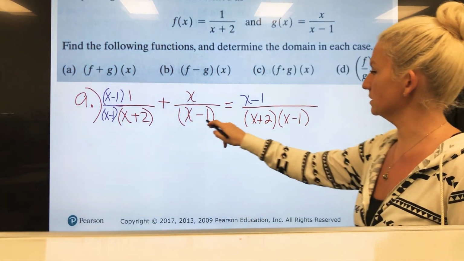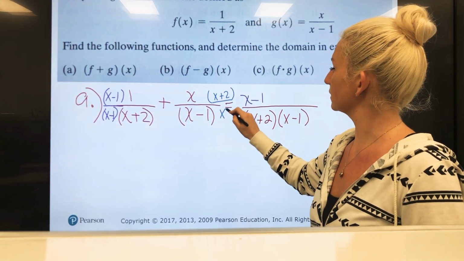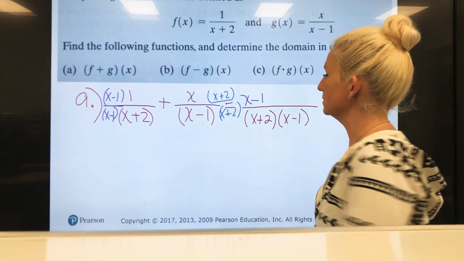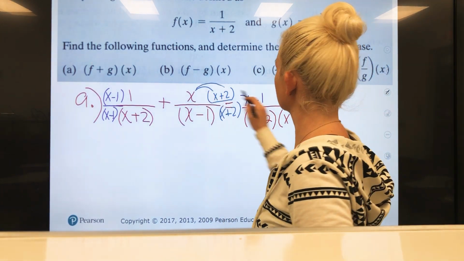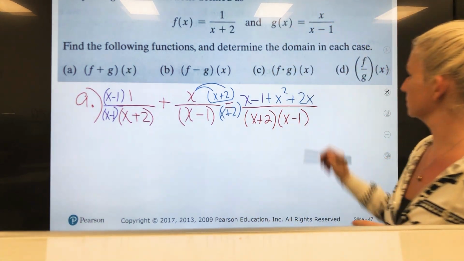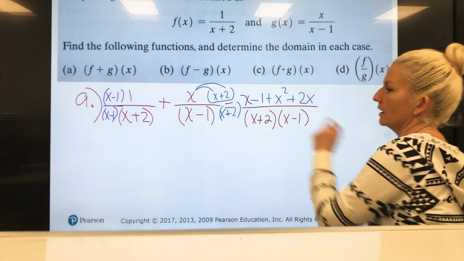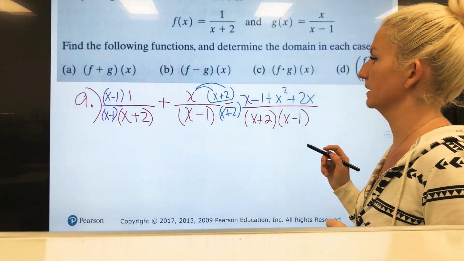Then to this side, I have to multiply by x plus 2 over x plus 2. So I get the denominator I want, and now here I have to distribute. That's plus x squared plus 2x. Now I have the denominator that I want, so I'm going to simplify a little bit.